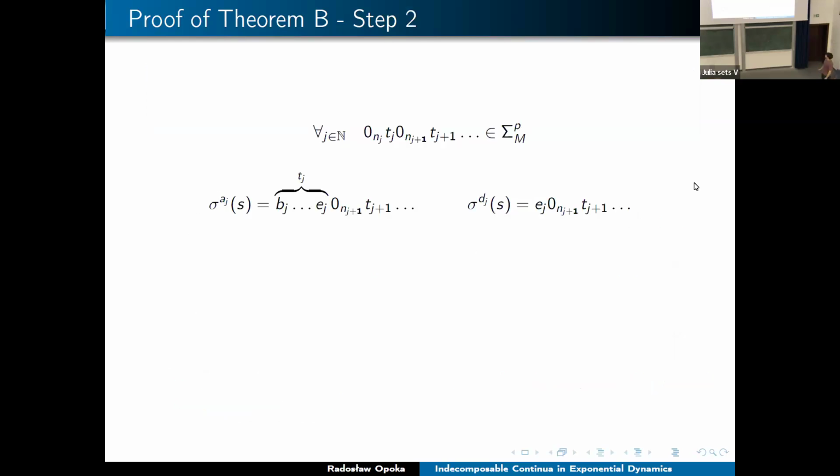Now some notation. We can add zeros to our sequences so that if we start our itinerary from the zero block, then it is from the set sigma MP, the same MP as for the original itinerary.